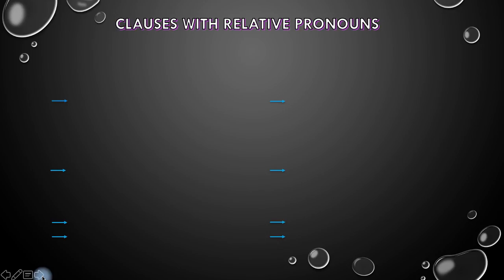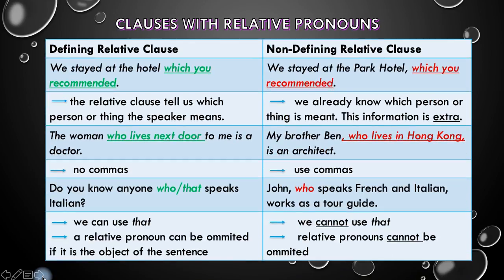Okay, let's continue with non-defining relative clauses. So what is the difference between defining and non-defining relative clauses? Let's at first take a look at the clauses with relative pronouns. Yeah, which, that, who. So look at the first sentence, at the first example. We stayed at the hotel which you recommended. That's a defining relative clause. Yeah, which defines the hotel.